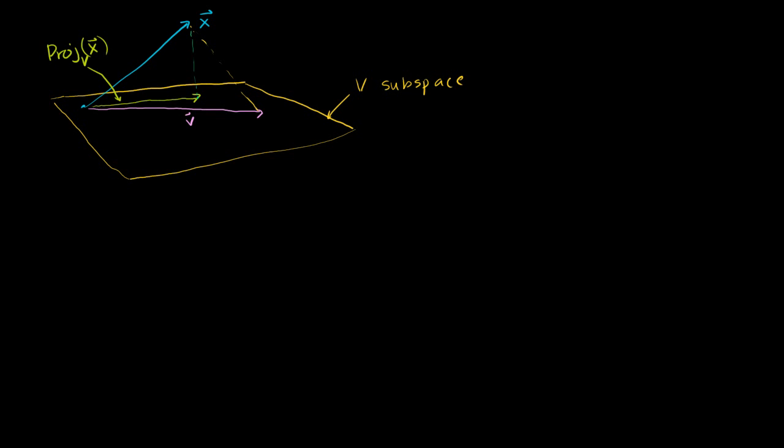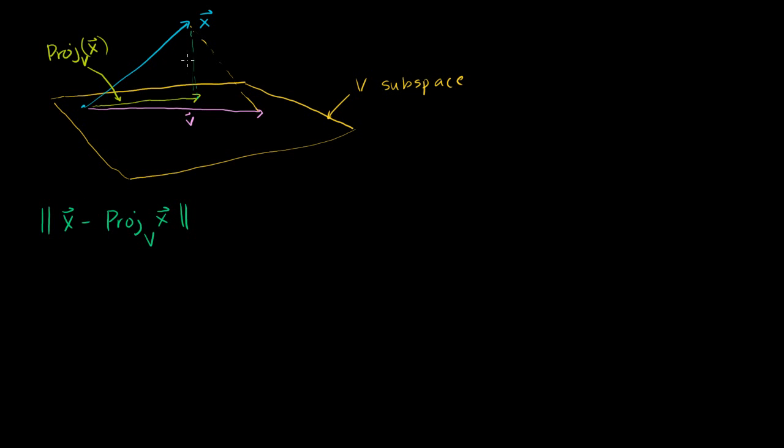So what I want to prove is that the distance between x and its projection onto the subspace, which we can get by taking the length of the vector x minus the projection of x onto my subspace, this length right here.